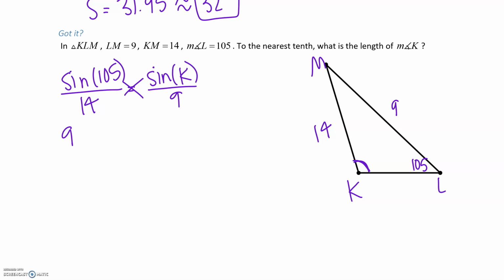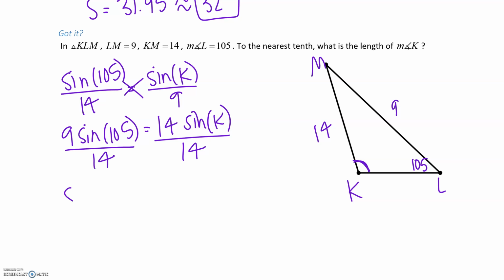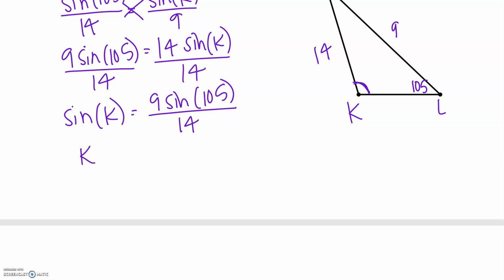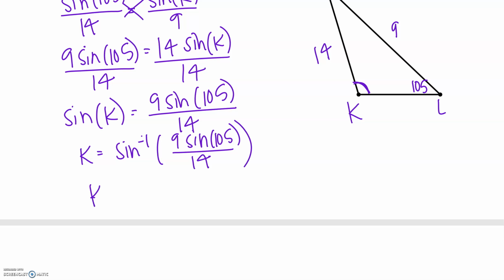We cross multiply, that gives us 9 sine of 105 equals 14 sine of K. So when we divide both sides by 14, that leaves us with sine of K equals 9 sine of 105 over 14, which means that K equals the inverse sine of 9 sine 105 over 14, which gives us that K equals 38.4 degrees. And that should be it.